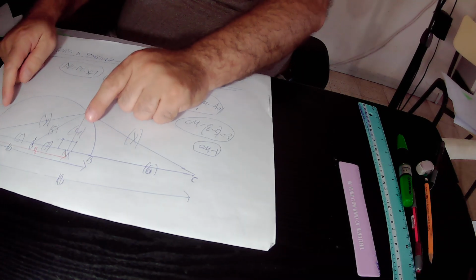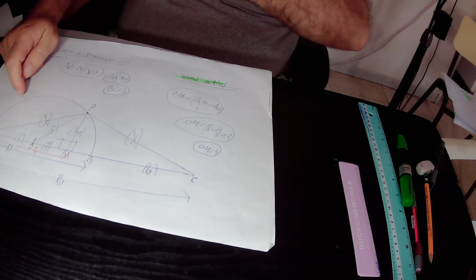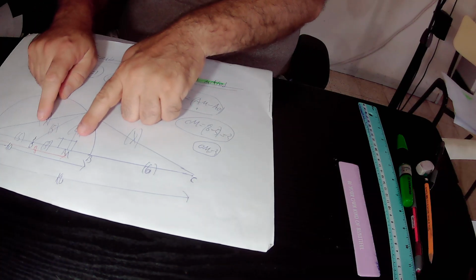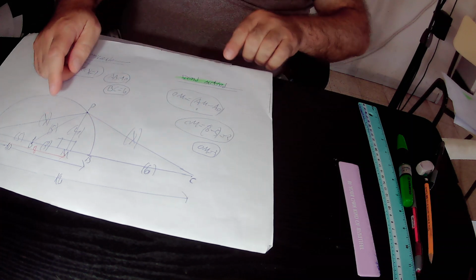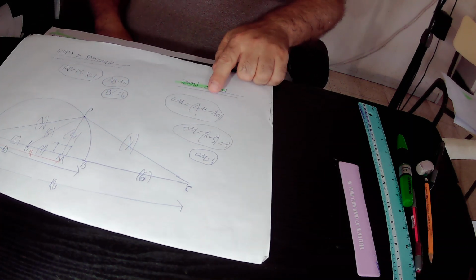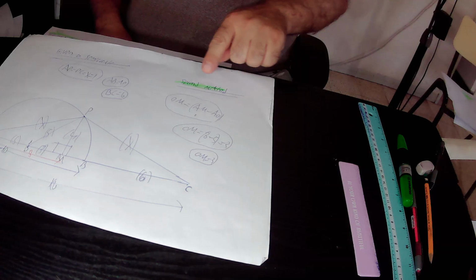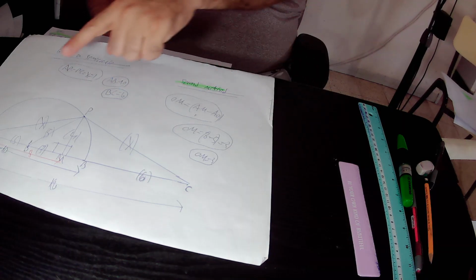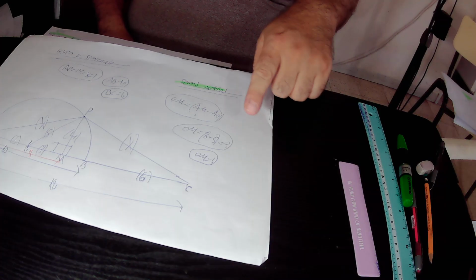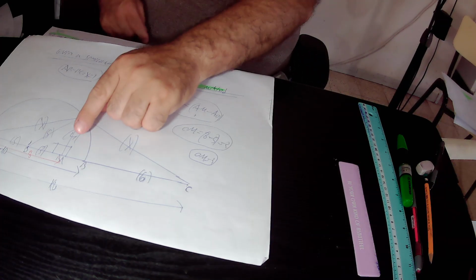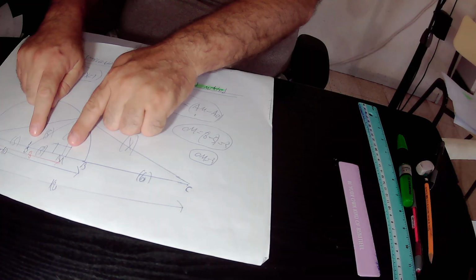AM is 8, AO is 5, so the length of OM is AM minus AO. OM equals 8 minus 5, that is 3. The length of this small line segment OM is 3.